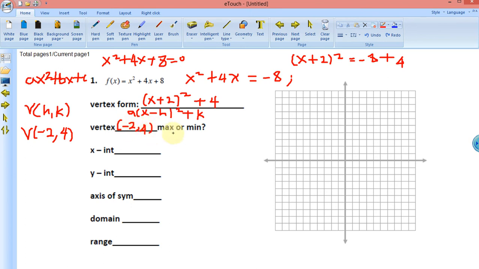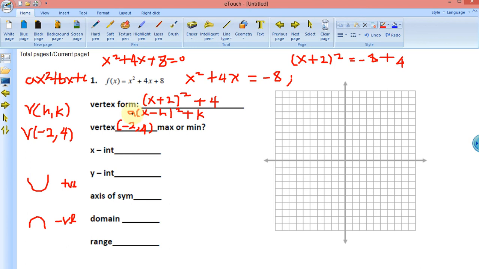Now apart from that, look at this question. It asks us maximum or minimum. So don't forget that if you have a parabola, when your parabola opens up like this, it is a positive graph, and that is your a value; this a here should be positive. But if your graph opens downward like this, then a is negative. It's also a negative graph. If you look at our standard form, a is 1 here.